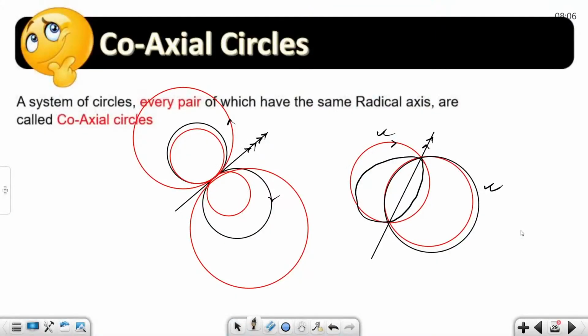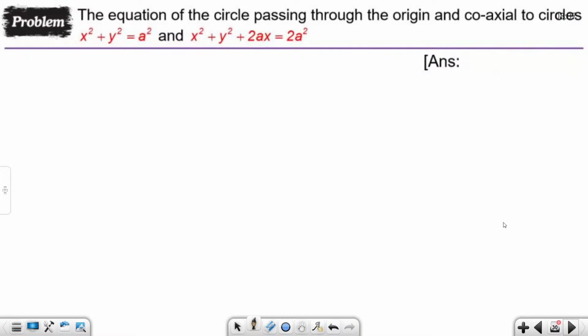Then we will say that this whole family is the coaxial circles. Clear? Okay. Now let us move to problems based on coaxial circles. In this problem, you have to find that coaxial circle which is passing through the origin. Coaxial circles to these two given circles.